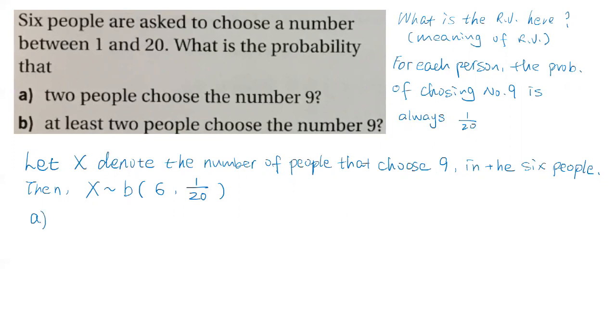So question A actually asks you to calculate X being 2, right? The probability of 2 people choosing number 9, which according to the binomial formula is C(6,2) times (1/20) squared times (19/20) to the 4th power, right?